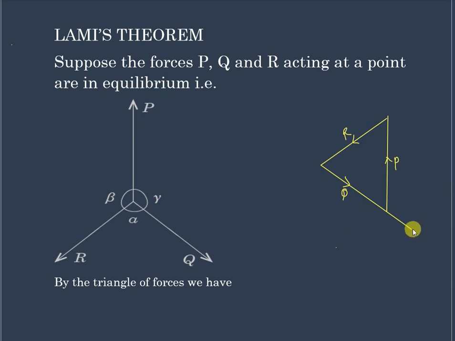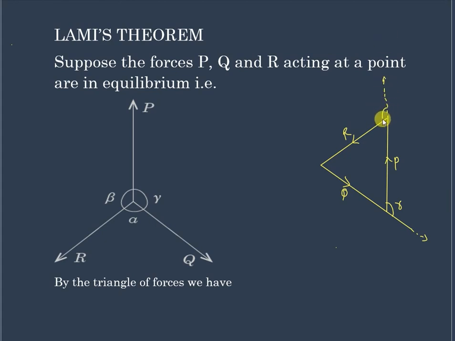I'm extrapolating this side so that Q is moving in that direction, and the angle between P and Q can be got from here. Remember the force P, the angle between P and R, extrapolate that and assume as if P is going up there.